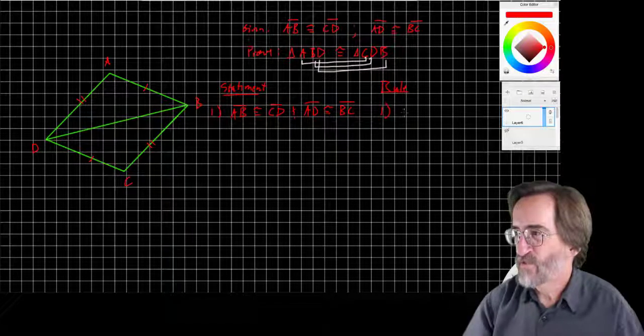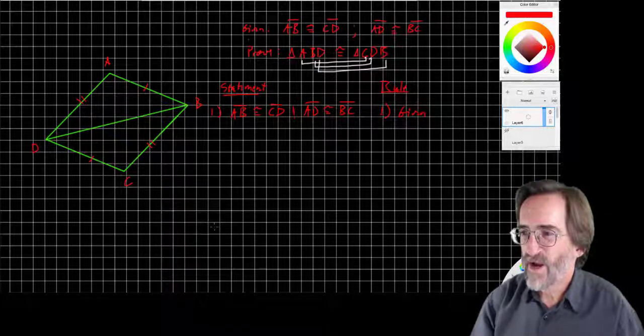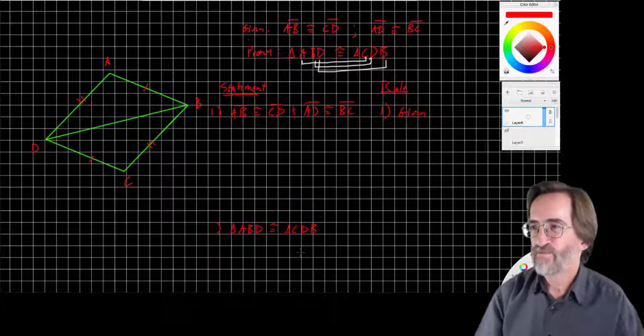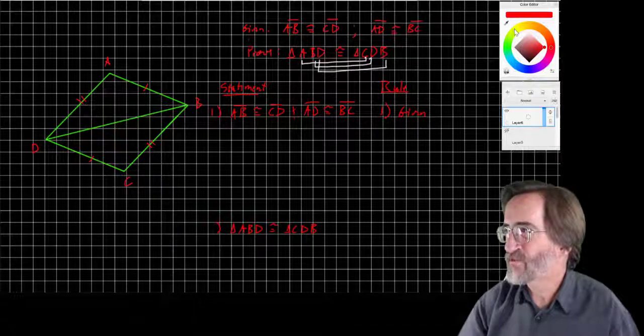And statement 1, how do we know those are congruent? Because they were given as congruent. Okay, and then the last step, which I don't know the number of, triangle ABD is congruent to triangle CDB. And the rule I don't know yet, but let's fill in the steps.